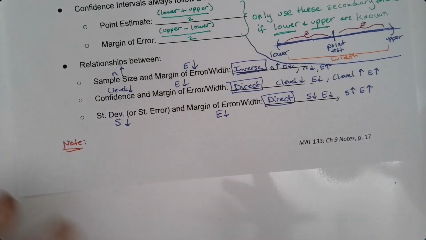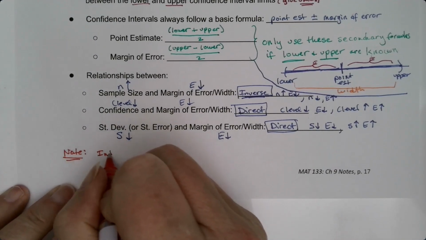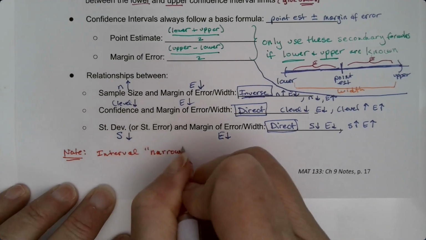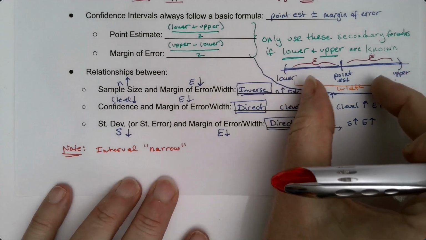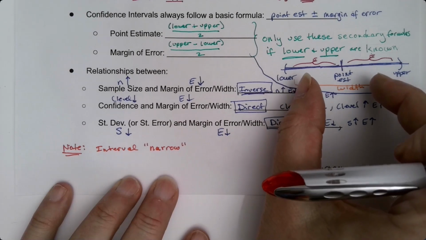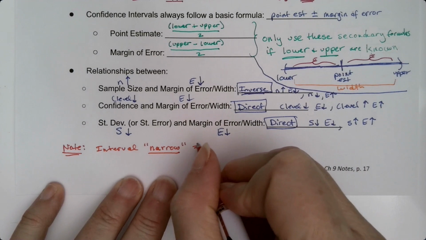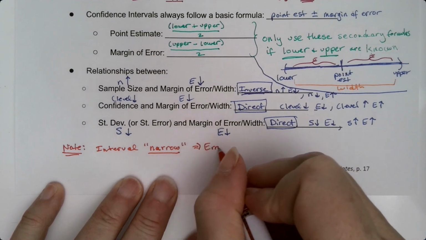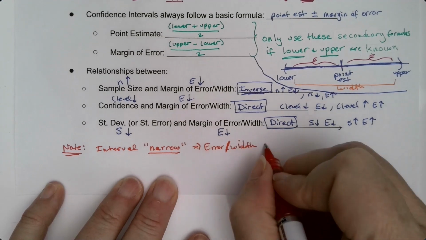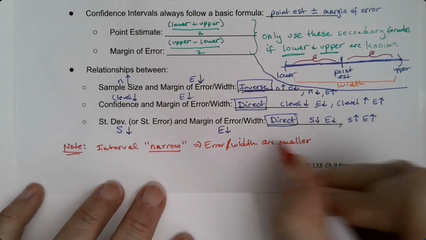When I ask you, or your instructor asks you, what makes the interval narrower? Narrow means it's shrinking, means the width is smaller. And if your width is smaller, that means that your error is smaller. So the interval is narrow means that the error or the width, same thing, are smaller, which means the error is down.